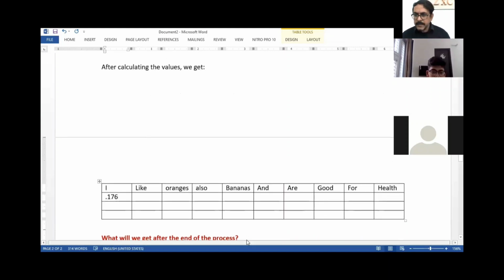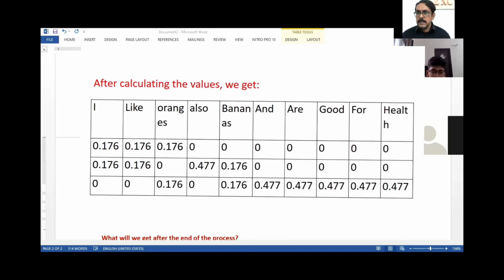Are you all understanding? So this way I'll fill it up. Let me show you. I have filled this 0, 0, 0 and I'll fill all the values in this, 0.176, 0.176. Now this complete work is done.